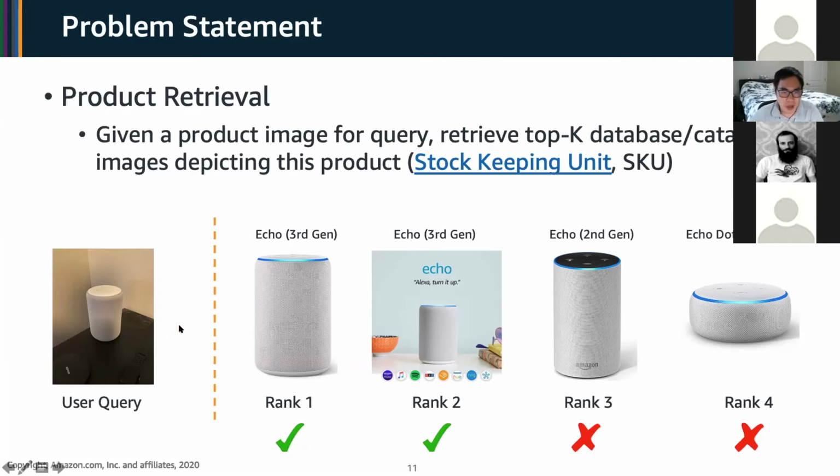For example, if you use this image as query, you may get these 4 products, and maybe the first 1 or 2 are very good because they show the same product. However, for the third and fourth ones, the products also look very similar. They are probably different versions, but they are still considered not correct because they are not the exact product itself.